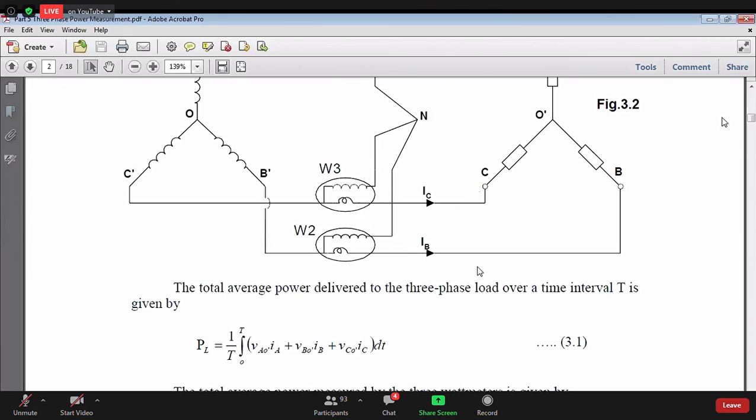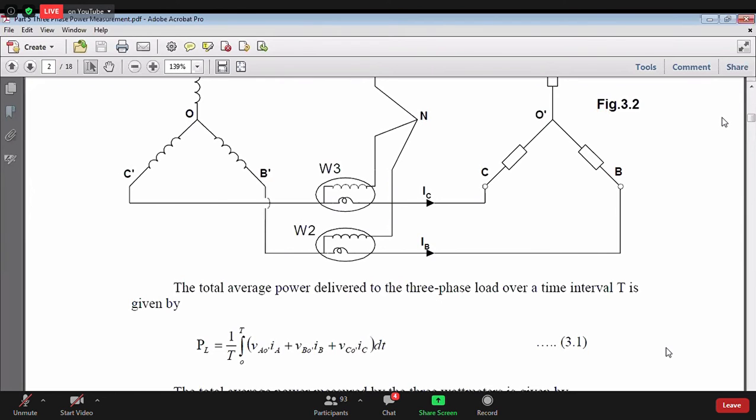First of all, I will start this analysis with a very fundamental definition of power, not with the cosine, etc. Power is nothing but the voltage times the current. Then we integrate it over one cycle and divide it by the total time interval of the cycle.